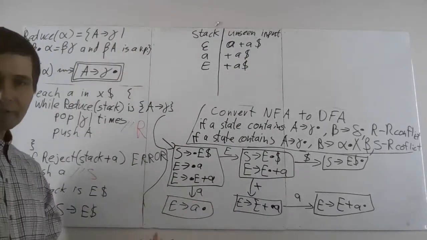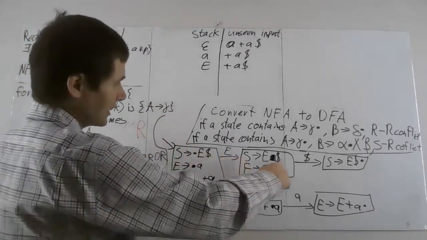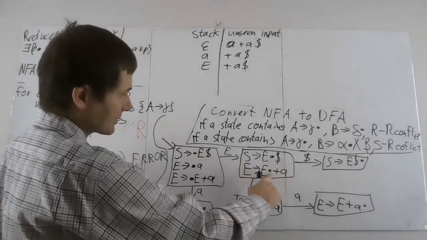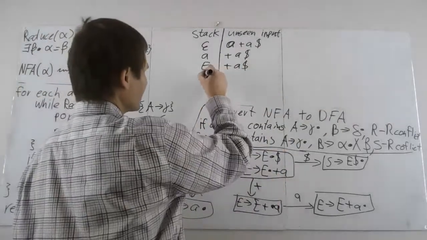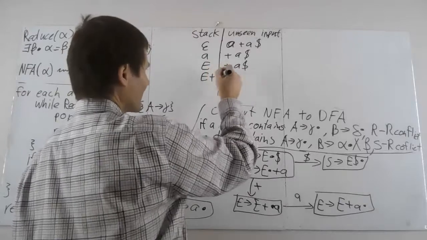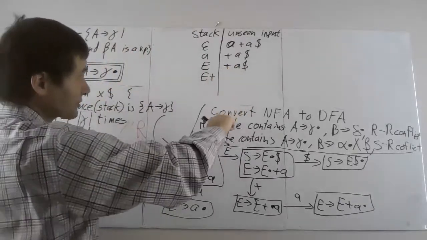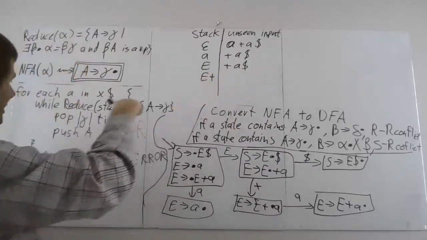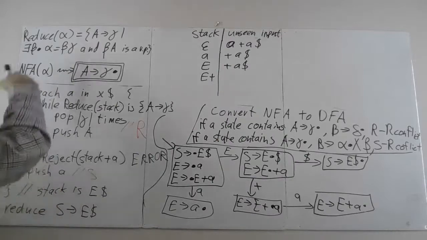And then I go and run the DFA again. So I start at the start state, I go E, and I'm in this state. The dots are in the middle, so that means shift. So I take the plus from the input, I push it onto the stack, and I go around the loop again.